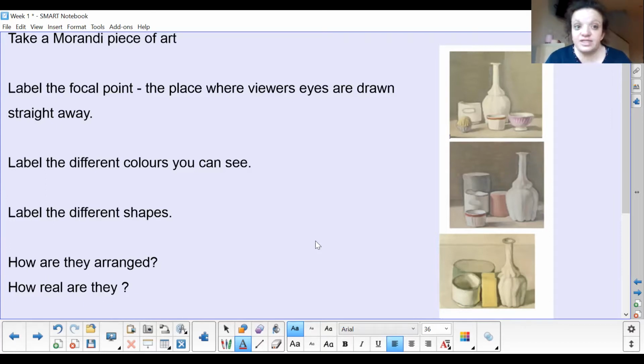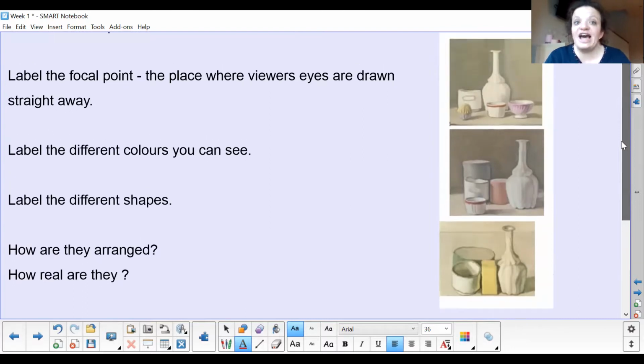Label the different colours you see, label the different shapes, how they're arranged and how real they are. So write down a few bits of information about each one of these pictures. Where's your focal point? How has the way it's arranged made your eyes go there as a focal point? Label the different colours you can see, label the different shapes, talk about how they're arranged and how real they are.